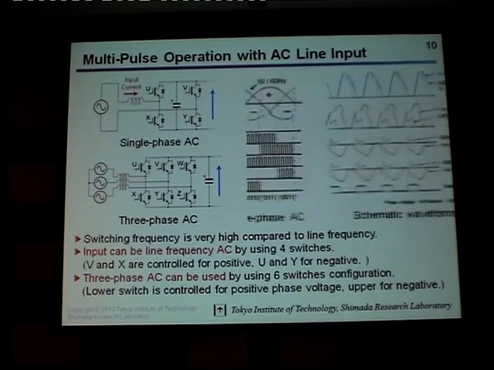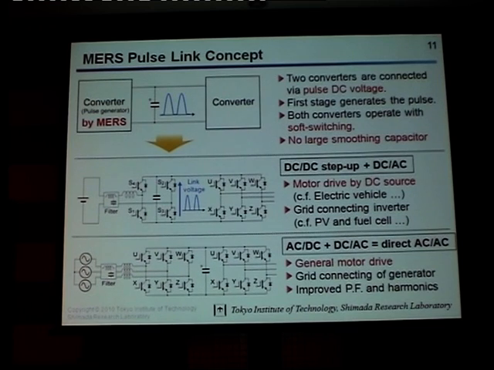So by using this concept, we propose a MASS pulse link concept. The diagram is shown here. Two converters are usually connected via a DC voltage source, but our concept is connecting via a pulse DC voltage.